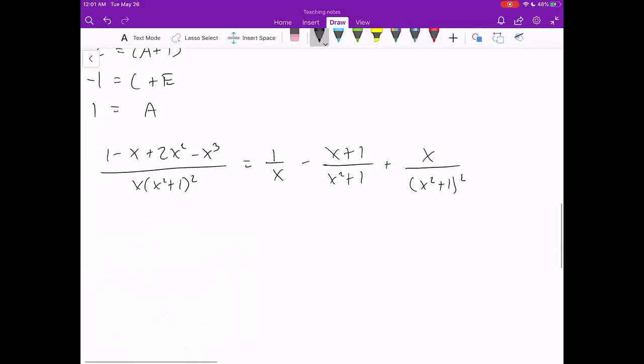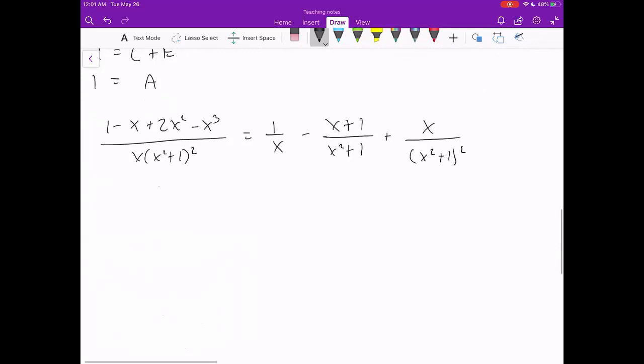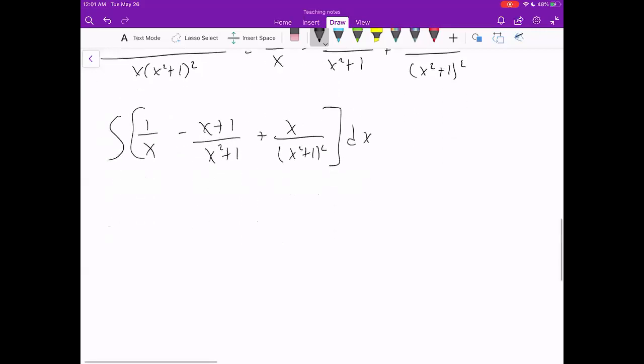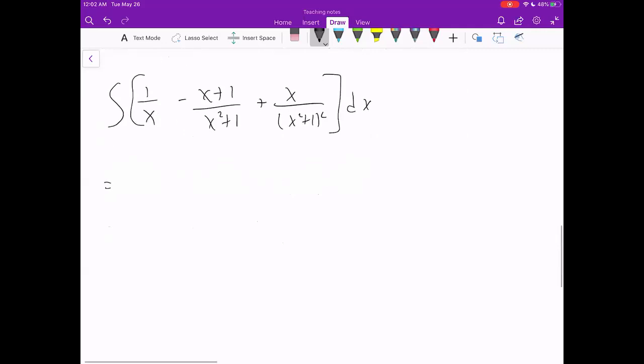Now the point is I can do these integrals. I'm looking for the integral of the right-hand side, 1 over x minus (x plus 1) over (x squared plus 1) plus x over (x squared plus 1) squared dx. We're going to break it up into 4 integrals.